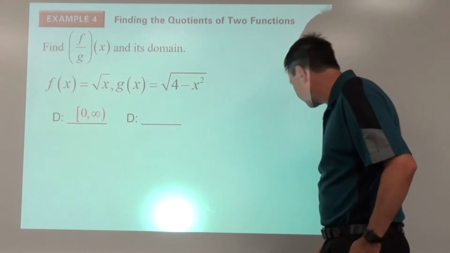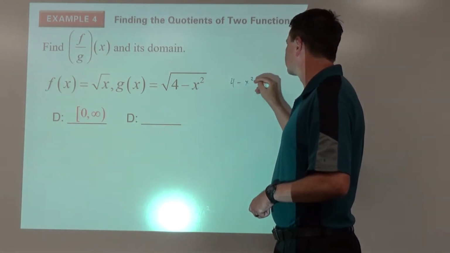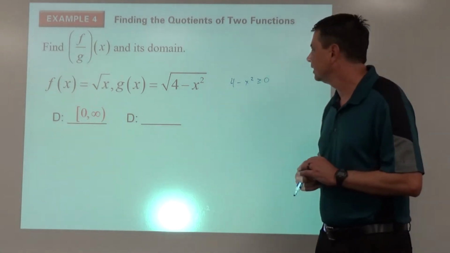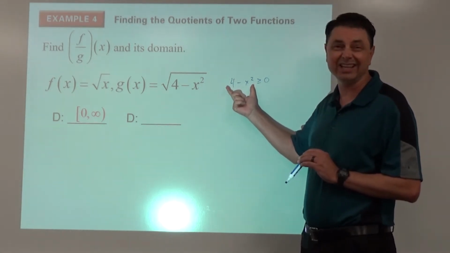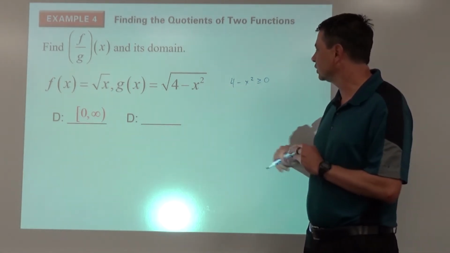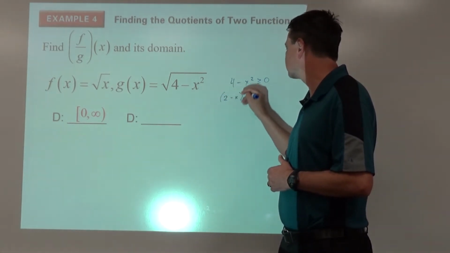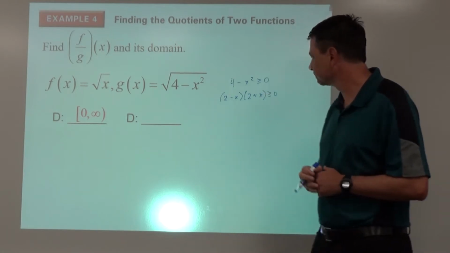Now you might think, well, I can just do 4 minus x squared is greater than or equal to 0, and that is true. That's a good way of looking at it. But this is a pretty complicated one to solve as an inequality. We could factor it as a difference of squares. So (2 minus x)(2 plus x) is greater than or equal to 0.